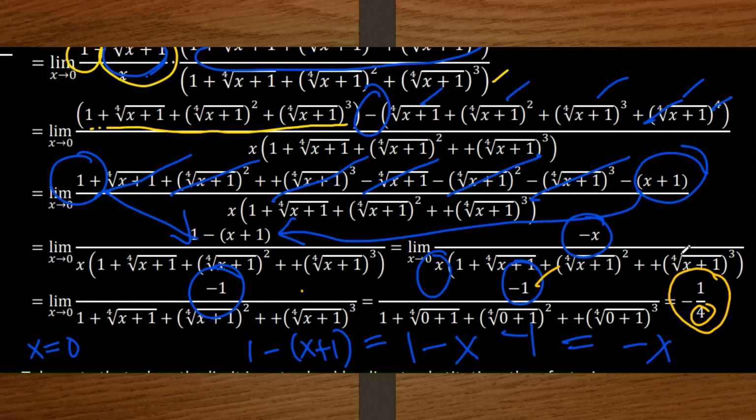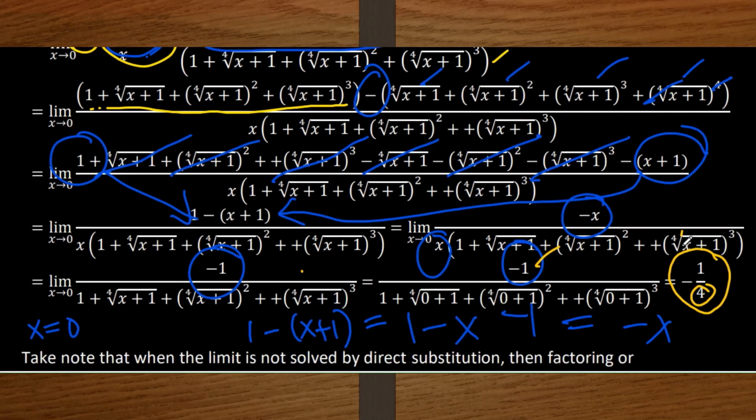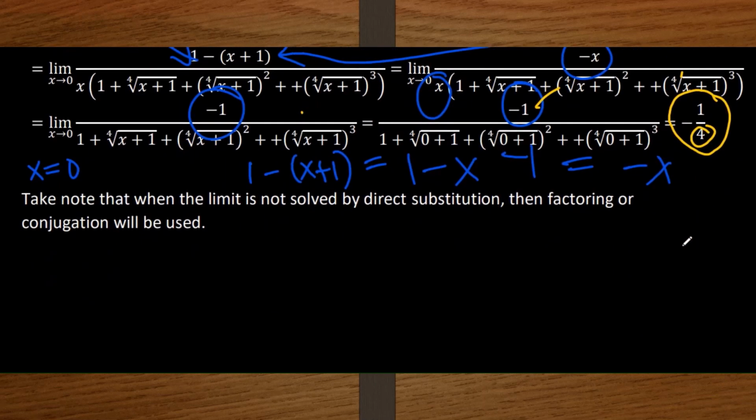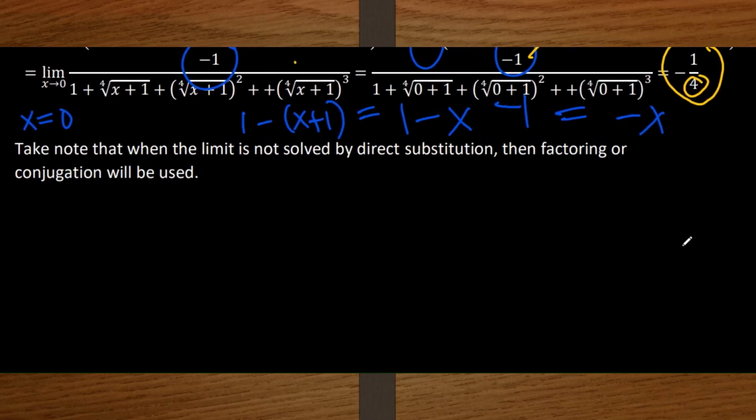And all other rules, there are so many rules that we can study, but at this time we are limited to these two. Now, always take note that the limit is not solved by direct substitution at all times. So when it is not solved by direct substitution, then the factoring or the conjugation can be used.